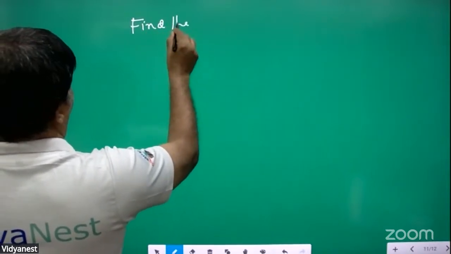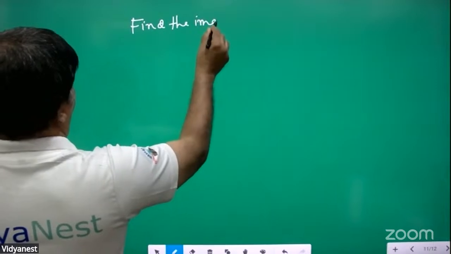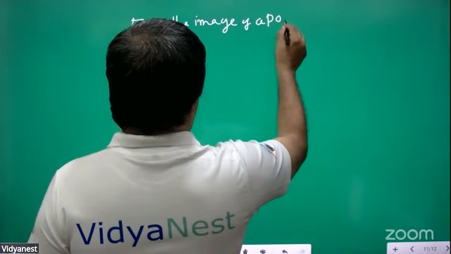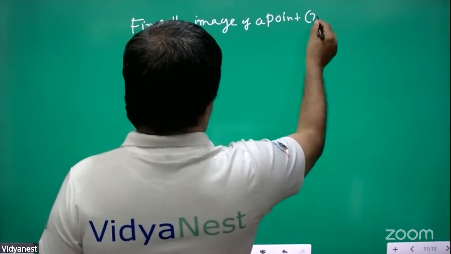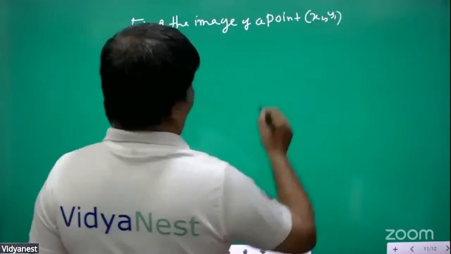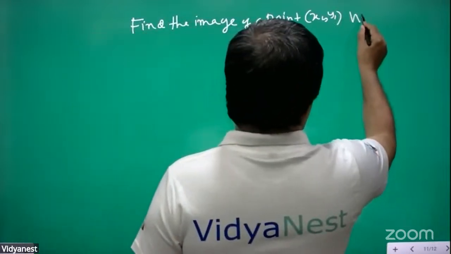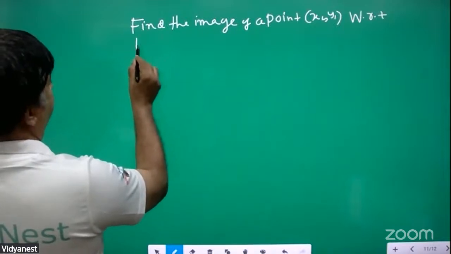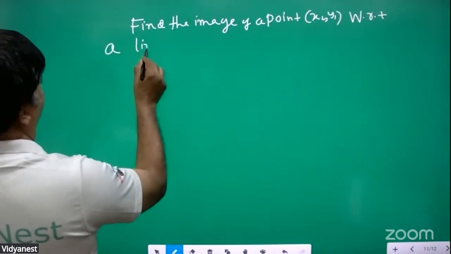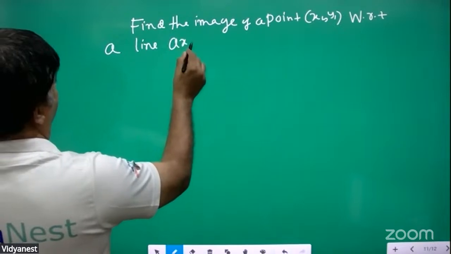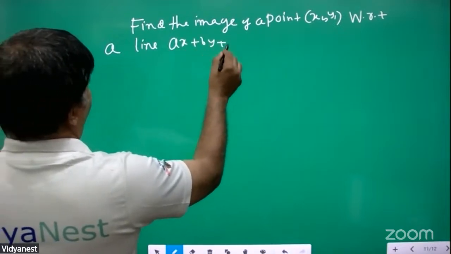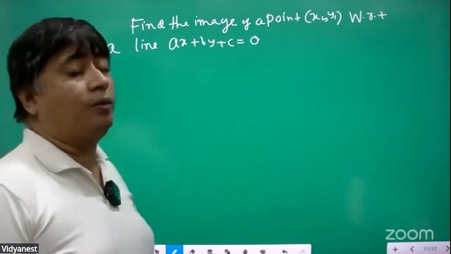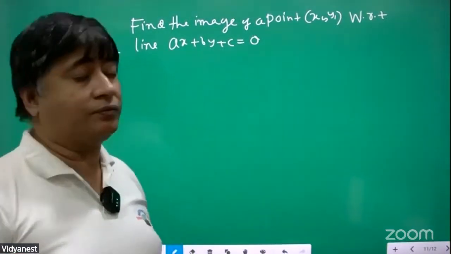Find the image of a point, say (x1, y1), with respect to a line ax plus by plus c is equal to 0. Okay? So what is our basic perception?